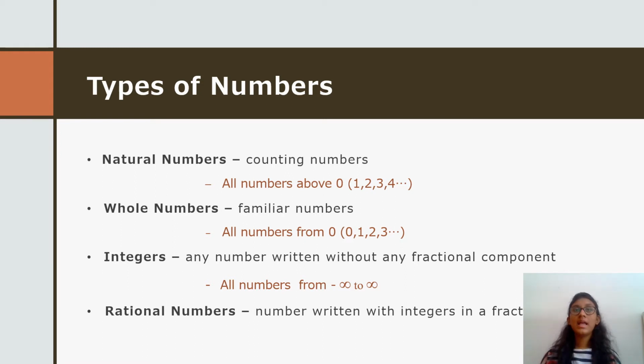So for example, -2/3 is not an integer. It is a rational number. That's where we need a new type of number called rational numbers, which are basically just integers which are written in a fractional form. So -2/3, which is not an integer but does not fall under natural numbers or whole numbers, falls under the category of rational numbers.